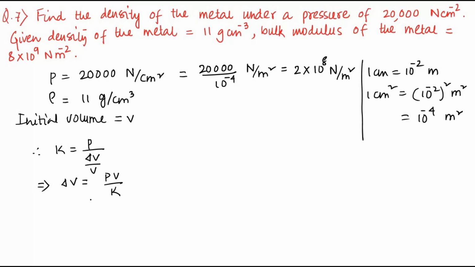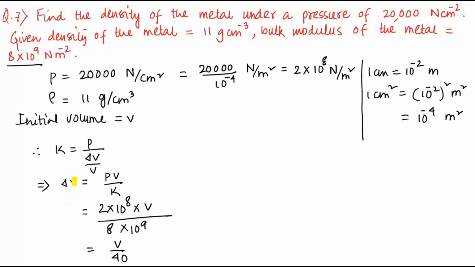Right? Okay. So just substitute the value of P, V and K. So P is 2 × 10^8, V is V, K is given, which is 8 × 10^9. So from here, this delta V would be V by 40. Okay.